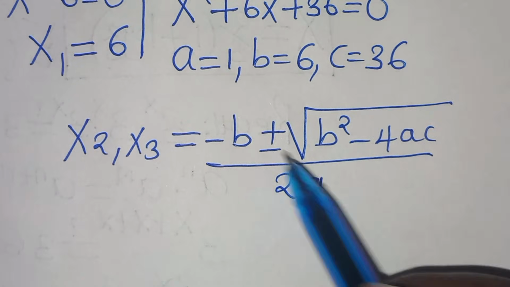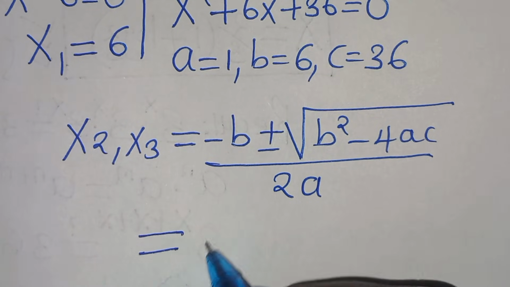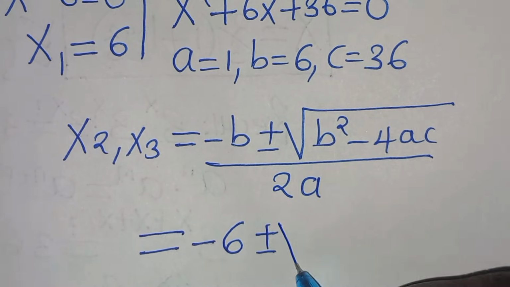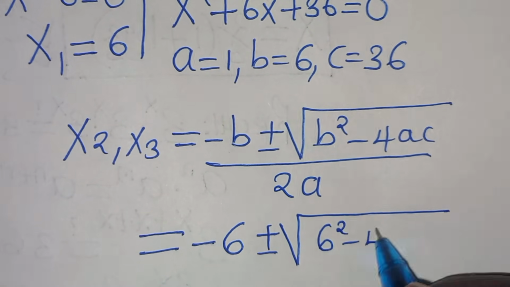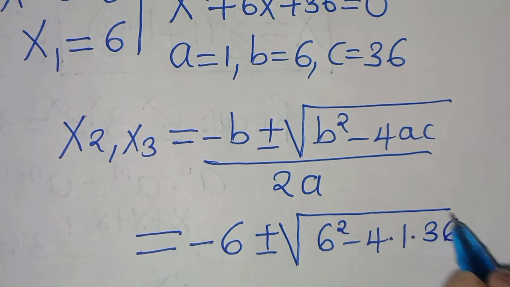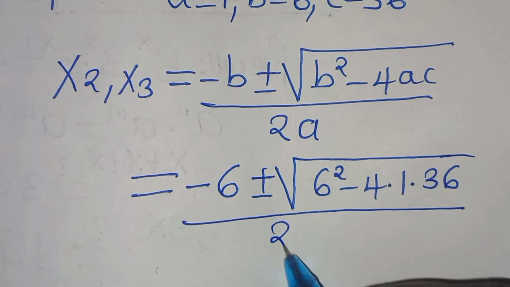Let's substitute the values of a, b, and c: minus 6 plus or minus the square root of 6 to the power of 2 minus 4 times a, which is 1, times c, which is 36, everything divided by 2 times 1.